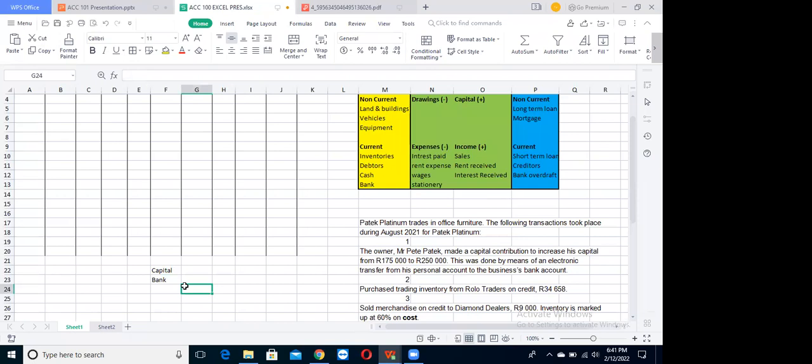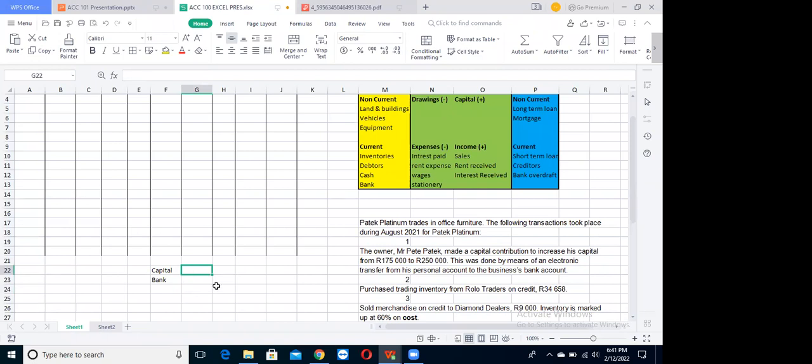Now, we want to identify who is giving and who is receiving. So the owner is receiving that capital. So capital is giving and the bank is receiving.